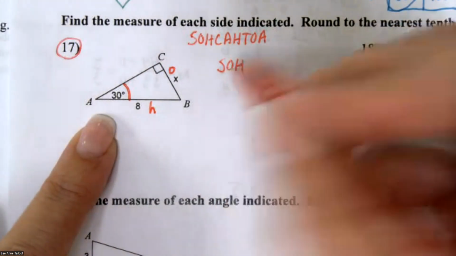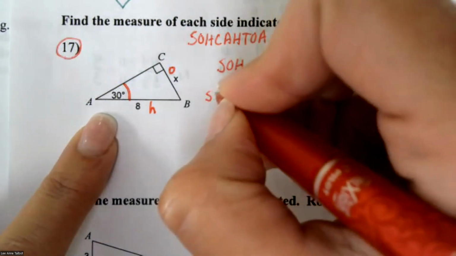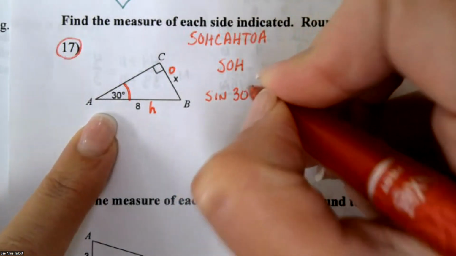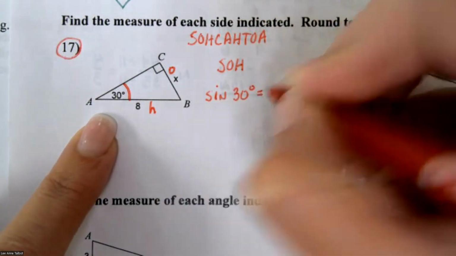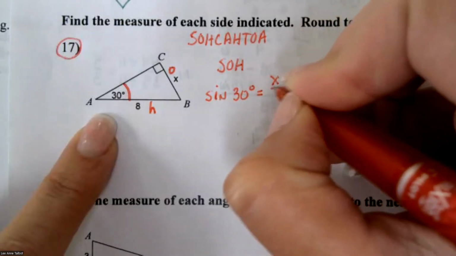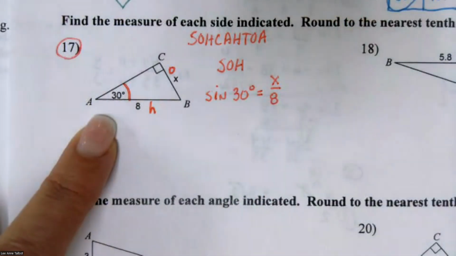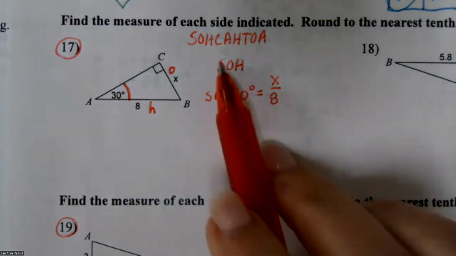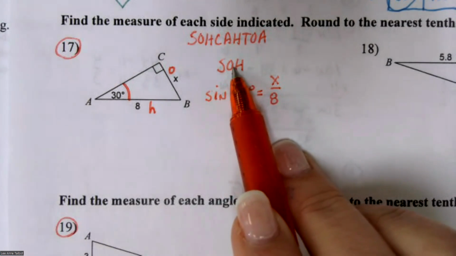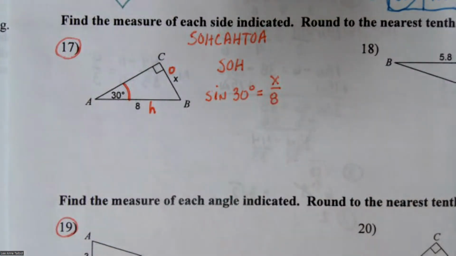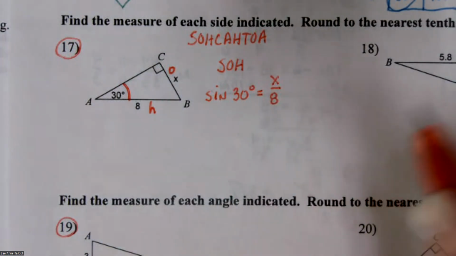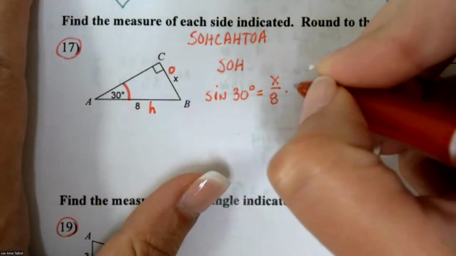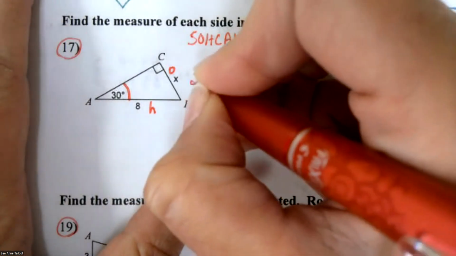This tells you how to set up your equation. Sine 30 degrees equals opposite over hypotenuse. So this is saying sine equals opposite over hypotenuse, SOH. Okay, and then you solve for x, but before you go to the calculator, I hear you.